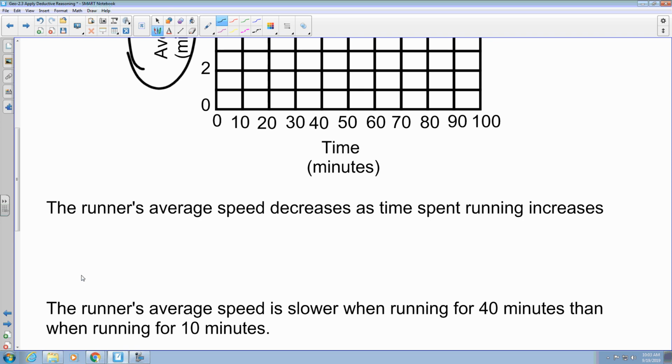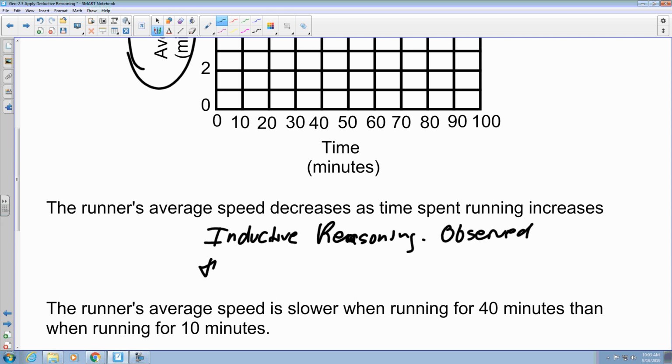So since it's something that we observed, we are going to say that this is inductive reasoning, because we observe the pattern of the data. We said, yep, it went down as time increased. That was our observation. It came from inductive reasoning.